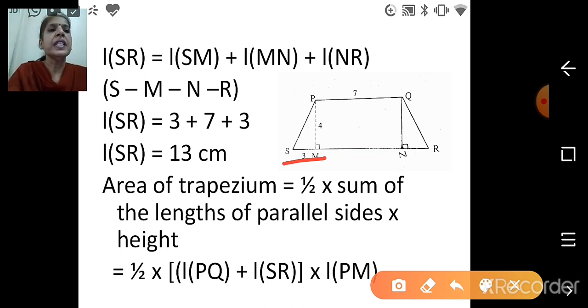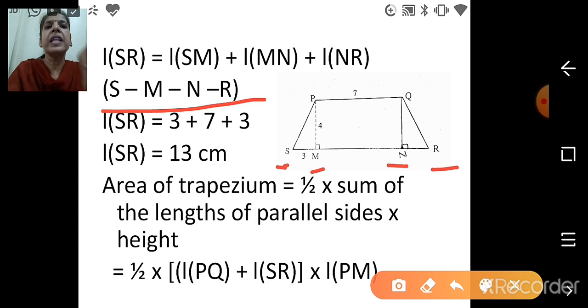So this length SR is made up of length SM plus length MN plus length NR. The reason is these points are in a line, on the same side, that is on SR. How would we write it? S-M-N-R. This is showing betweenness, they are in a line.